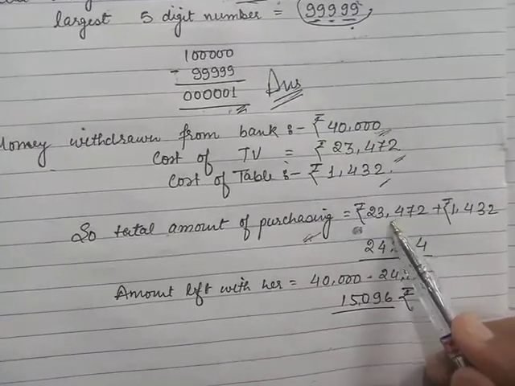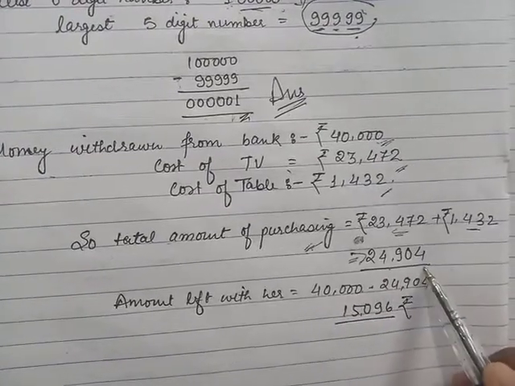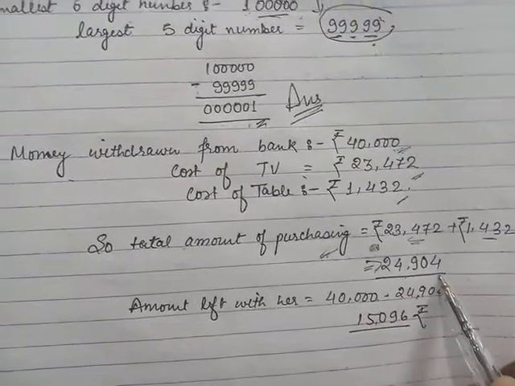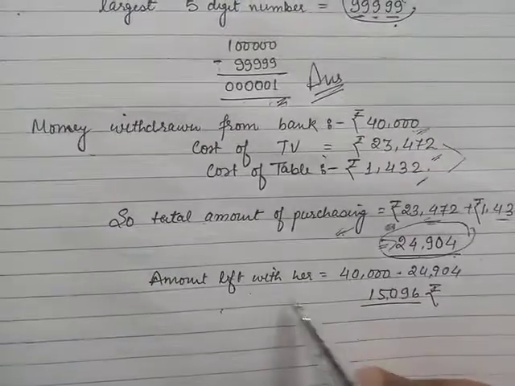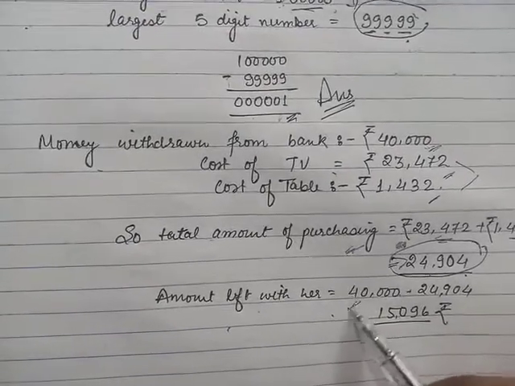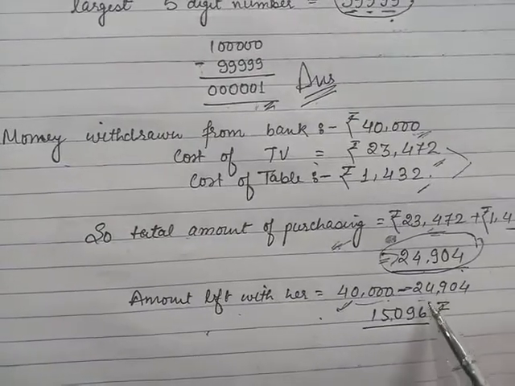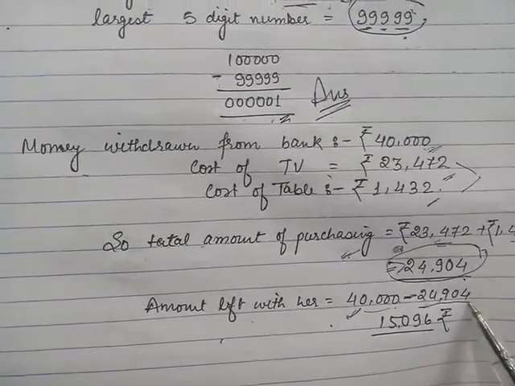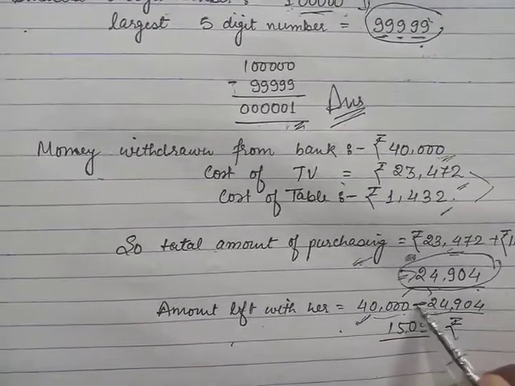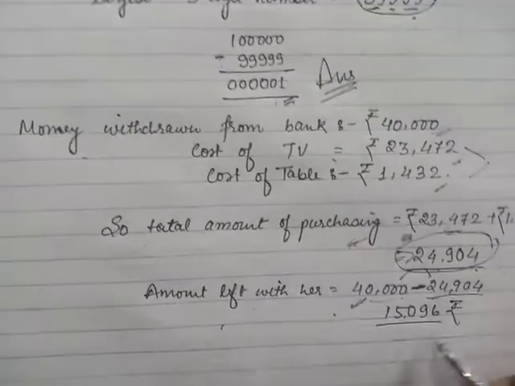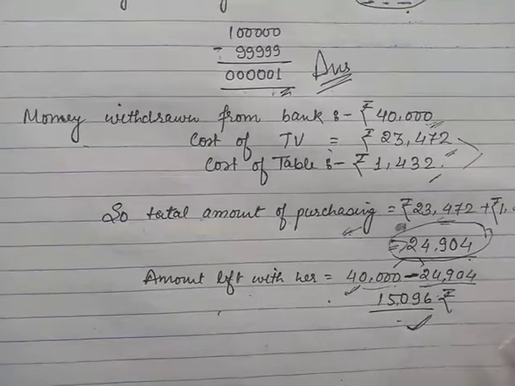Here is the cost of the TV and this is the cost of the table, and now 24,904, this is the cost of both items. And the amount left with her: in the starting she has 40,000 rupees and she has purchased a TV and a table for 24,904. Here we will find the difference between both values and we have got 15,096 rupees that will be left with her.